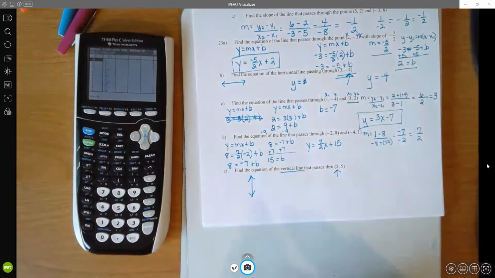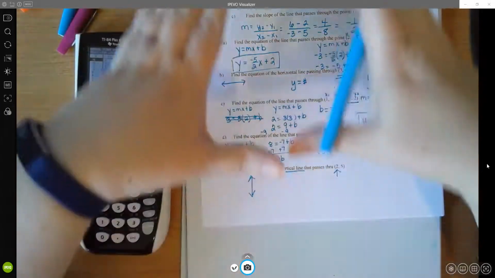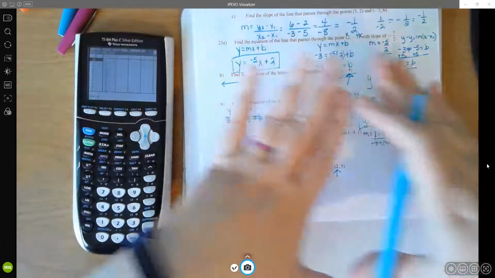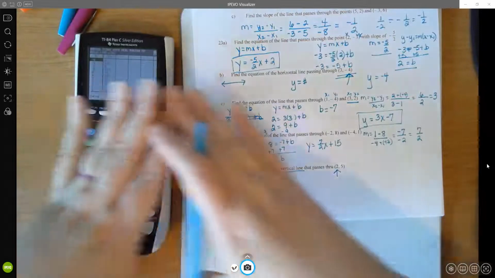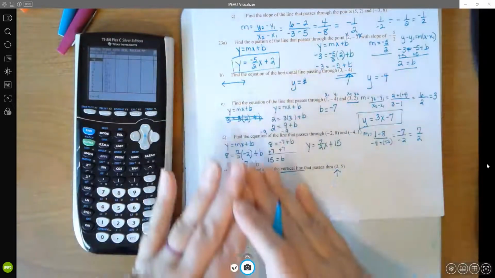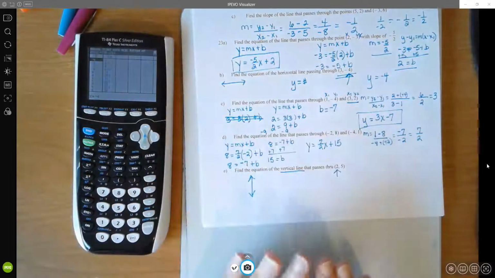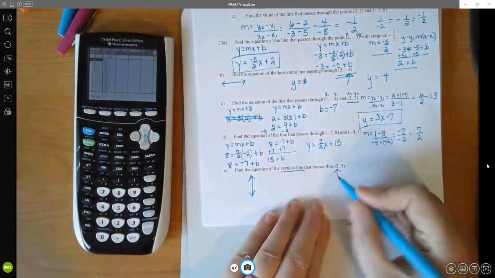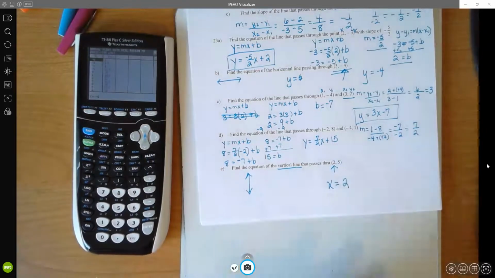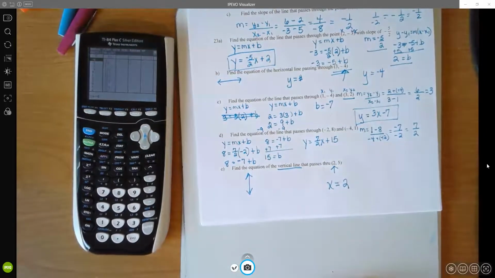You can have a low y value, a high y value, and that goes up and down. You can't see my hands, but I'm going up and down. Your y values go up and down, but your x value, which moves left and right, does not change. It stays constant. And so our x value is constant while our y values vary. So in this case, this would be x equals 2, and there's no work to show for that.